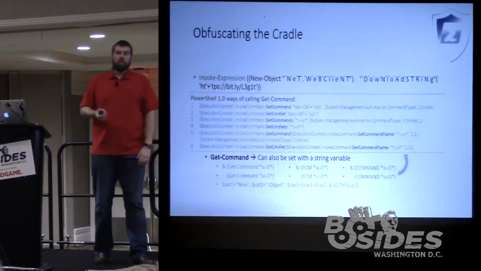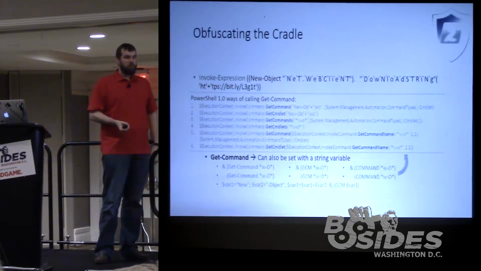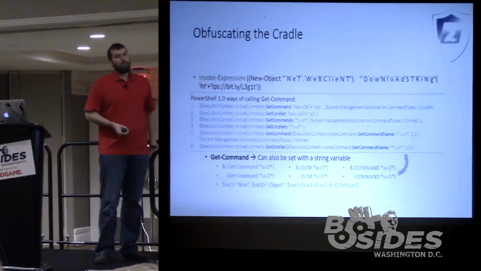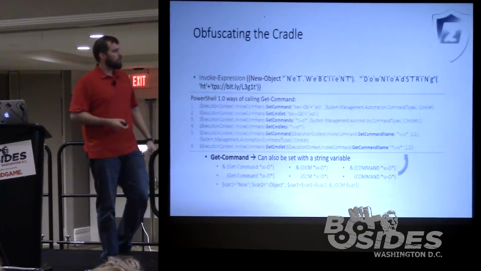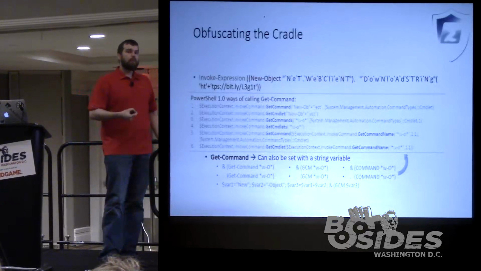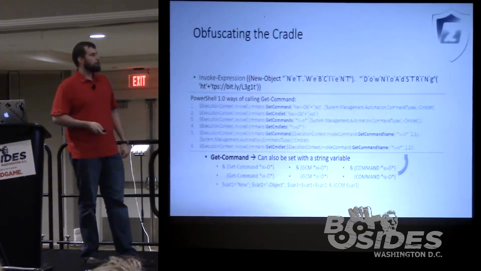Well, if you're an attacker, it'd be great if you could find some things that no one is familiar with and no one's looking for, because this might do exactly what you need, but no defender's looking for it. So if you notice this ExecutionContext, that's an automatic variable within PowerShell, and we're going to see this coming up again and again, so you want to make sure you're looking for that.